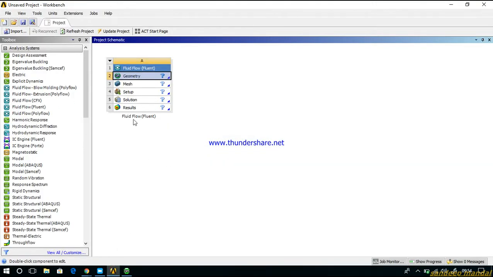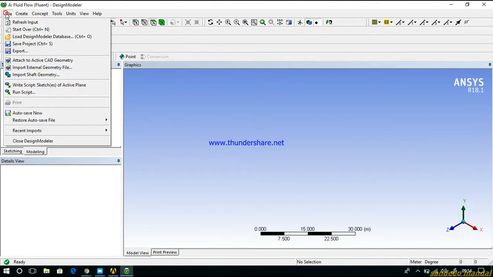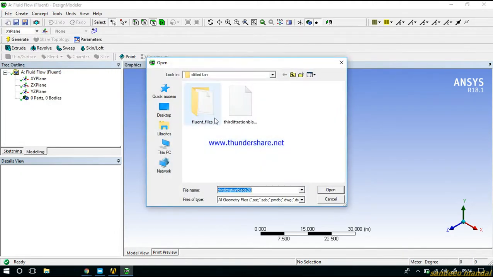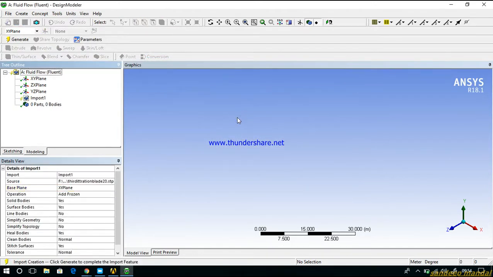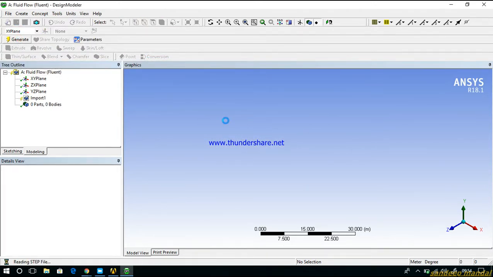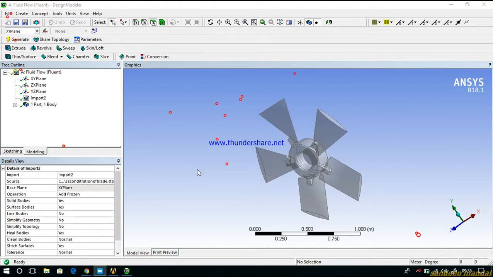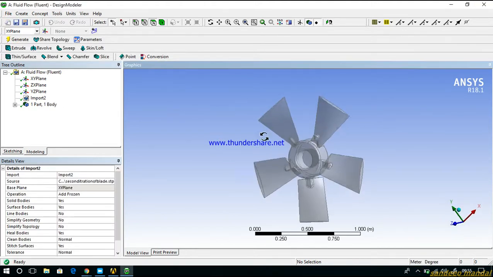Here I am doing the analysis in Fluid Flow Fluent. First of all, we have to import a geometry in the design modeler. So I am importing a geometry. Make sure that your geometry is in STEP format.